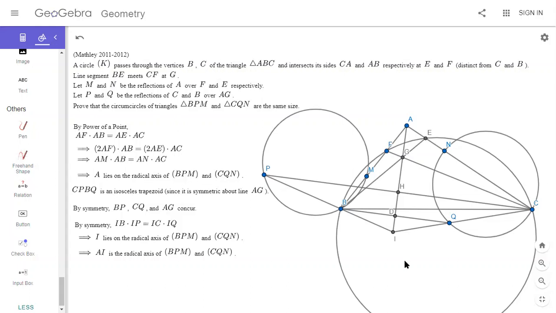Okay, I'm trying to figure it out from here. So how do we finish it off?